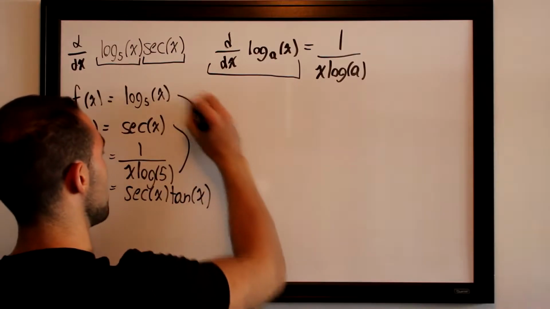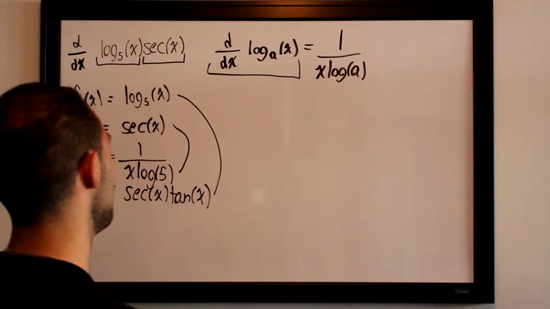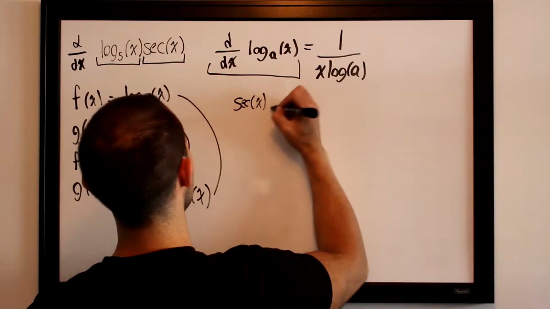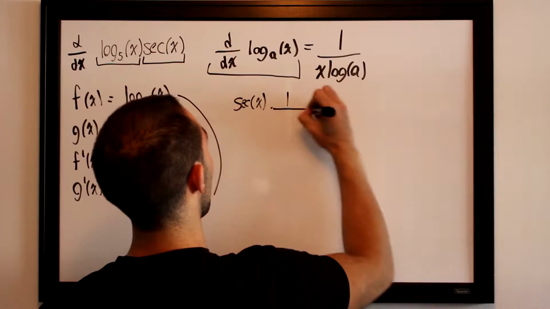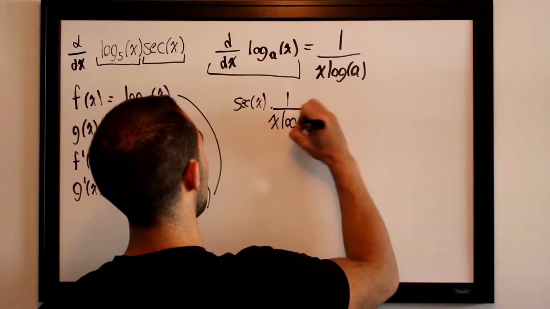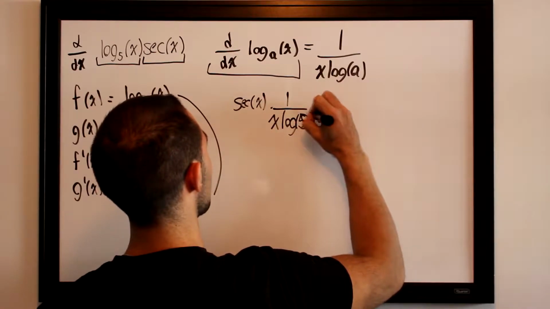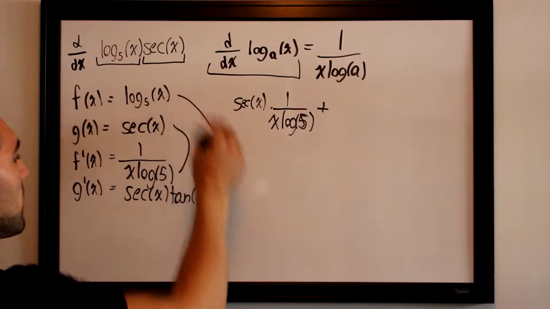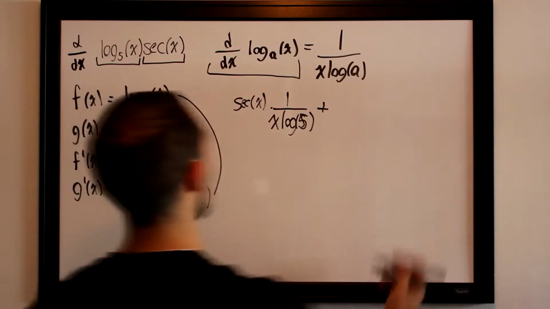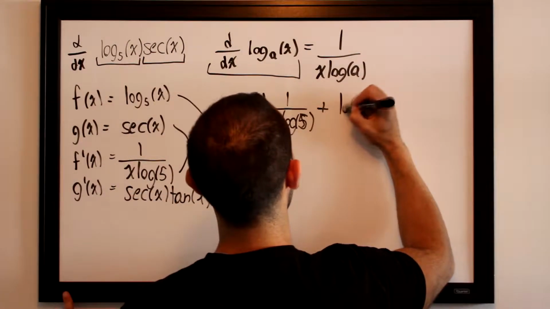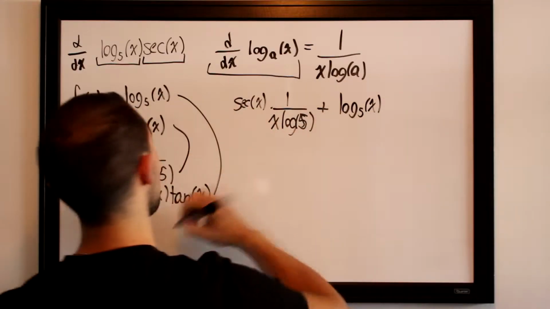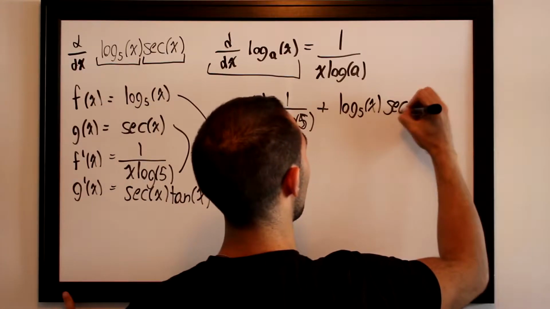Now we just join things together and add them up. So we will be left with secant of x times 1 over x log of 5, and then we will add on log base 5 of x times secant of x times tangent of x. So this will be log base 5 of x times secant x tangent x.